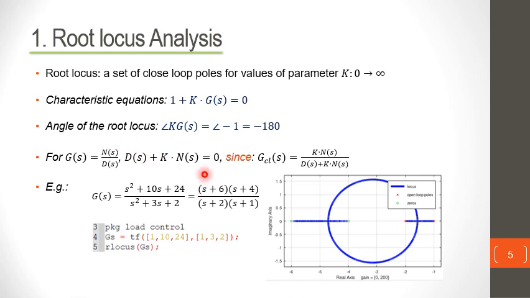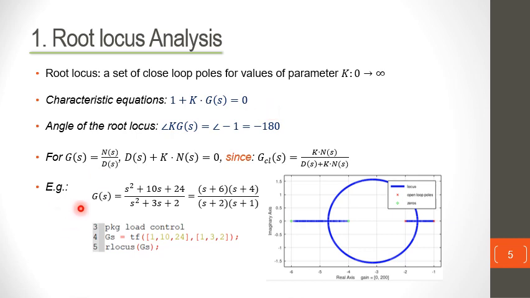If you divide by d(s) on both sides, you end up getting this characteristic equation. So it summarizes the path of the closed loop poles as k varies from 0 to infinity.